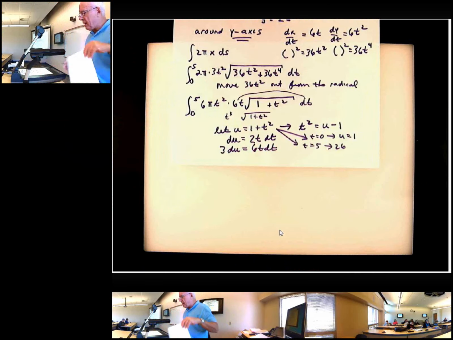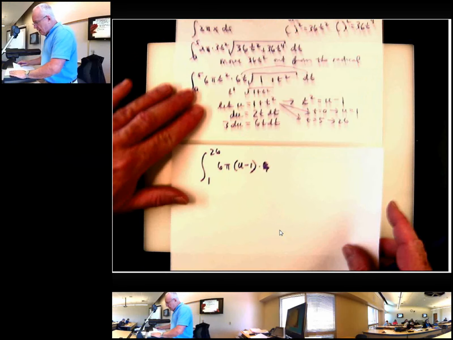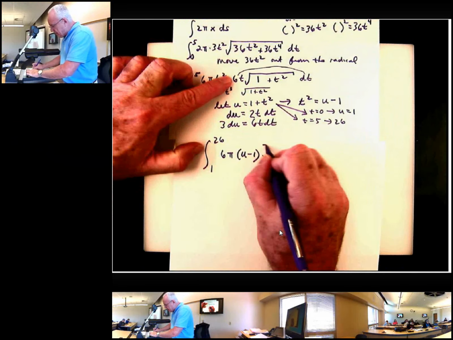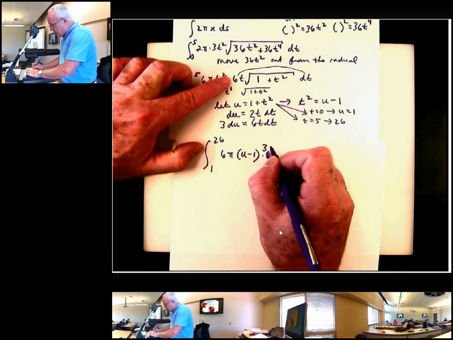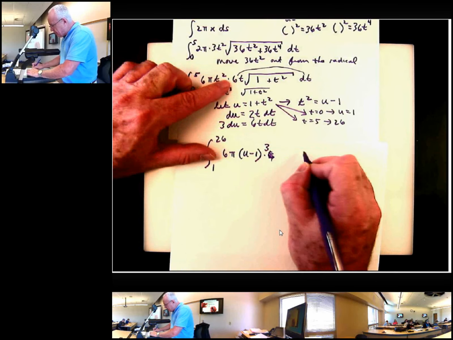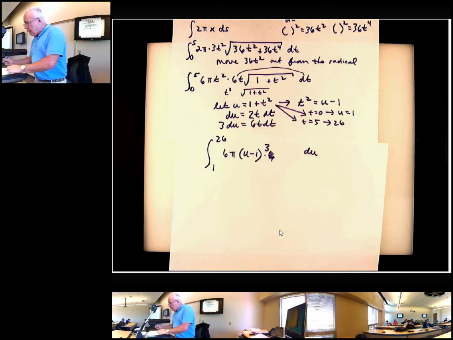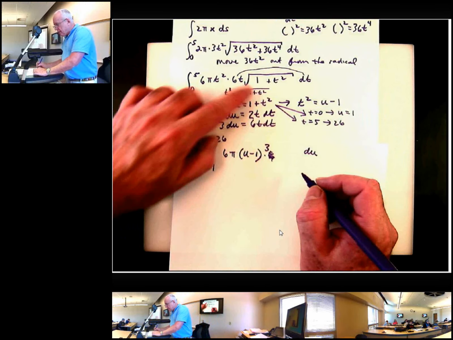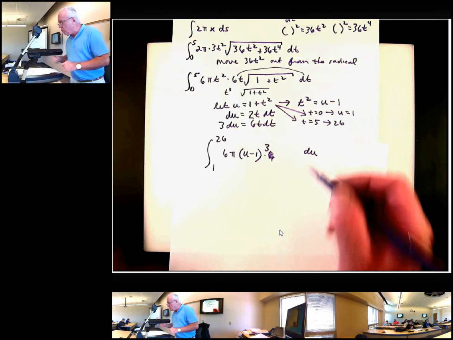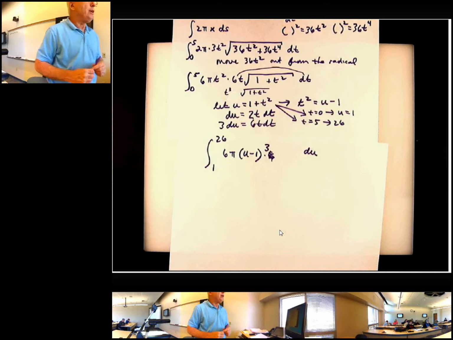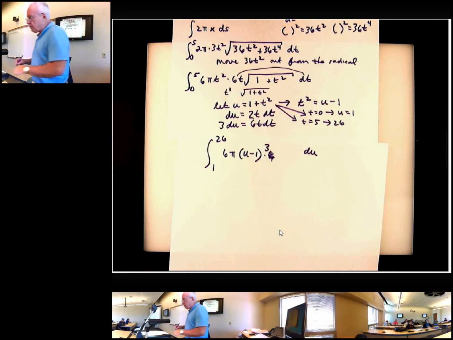So going back here then, that 6t can be replaced by a 3, and we have a du out there to the right. And the only thing I have left then is the square root of 1 plus t squared, and that's the square root of u.